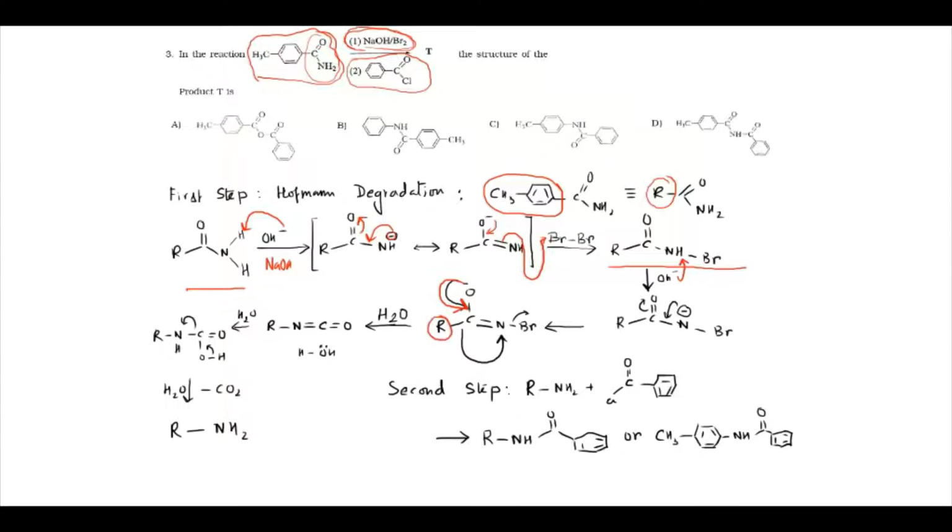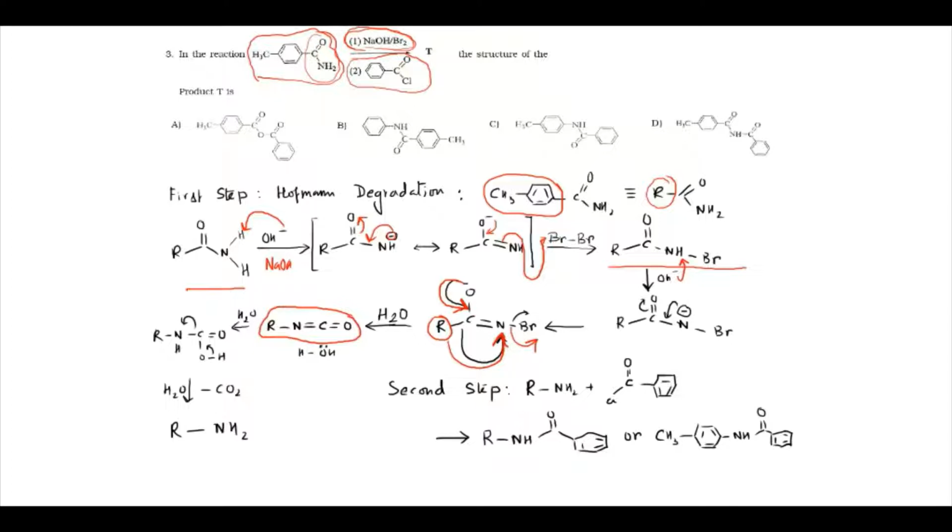There will be a migration of this R group from carbon to nitrogen, along with the removal of the bromide as a leaving group. So RNCO will form. This is called isocyanate.